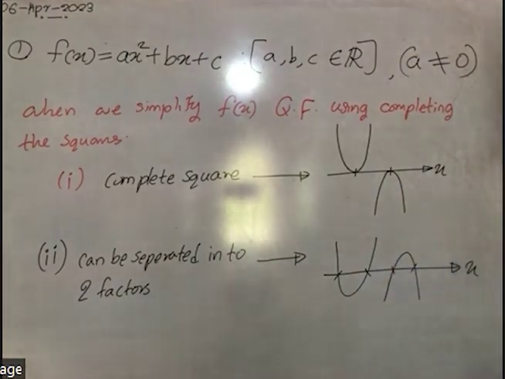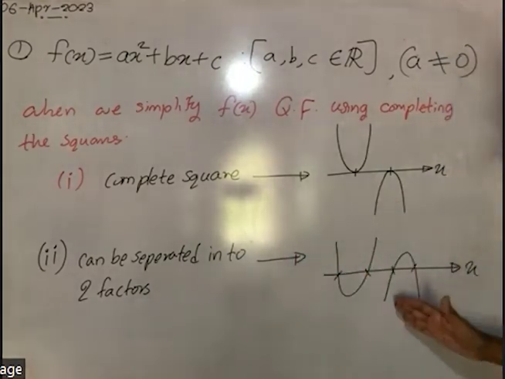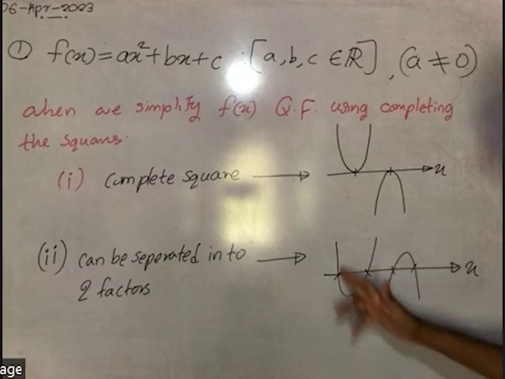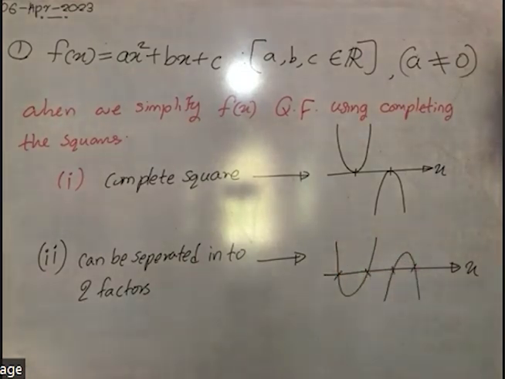So if this quadratic equation can be separated into two factors, then this function will have two intersection points, 2 points which intersect with the x-axis. If this is a complete square, you have 1 point, right?